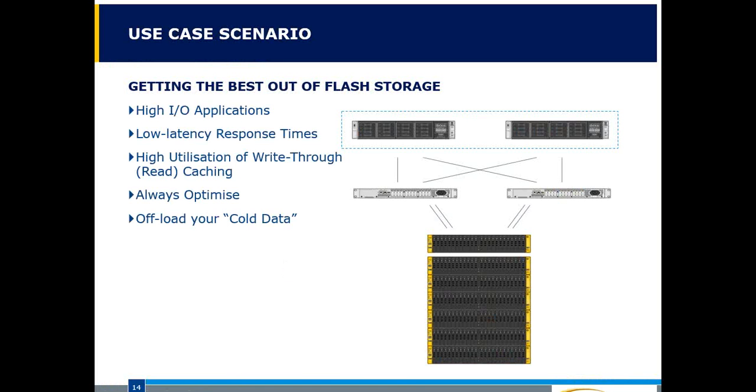So there are a number of things that you could do to use that environment, make sure you get a real business benefit out of doing the storage with Flash, but also making good use of what you currently have. That's just one scenario that I've worked on in the past.